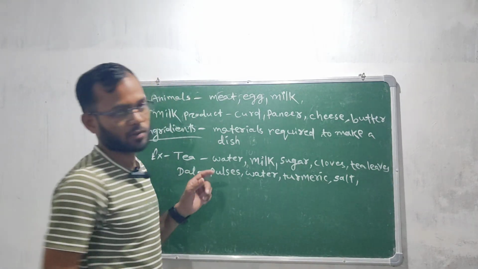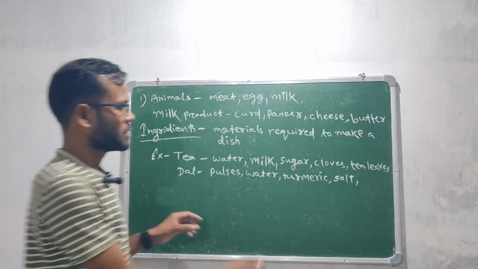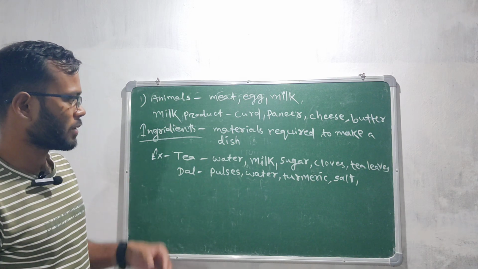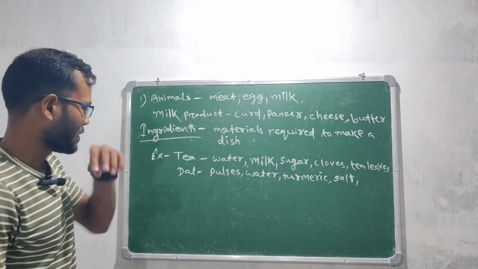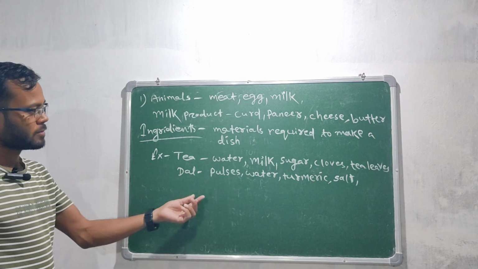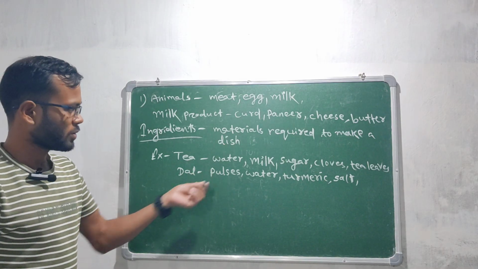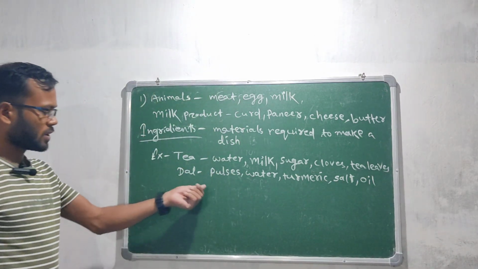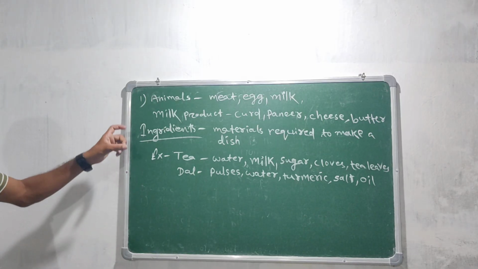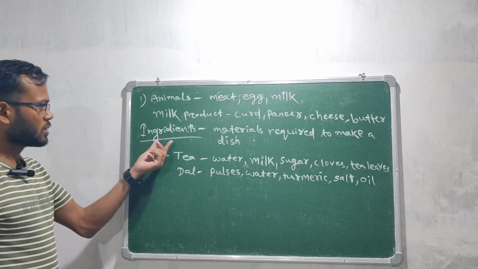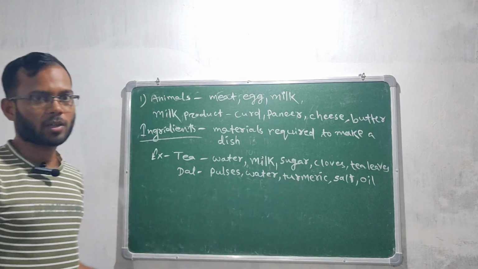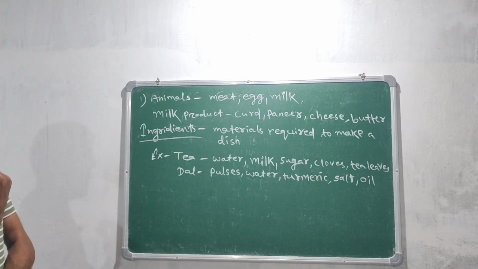We should use iodized salt because iodine is also a mineral which is needed for our body. Okay, these are the ingredients that are needed to make the dish. Water, turmeric, salt, oil are ingredients.